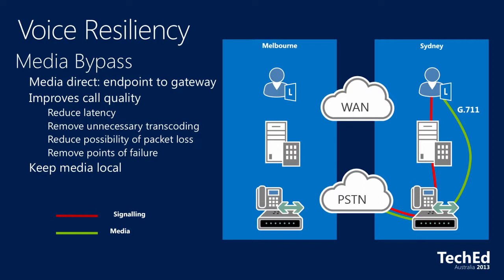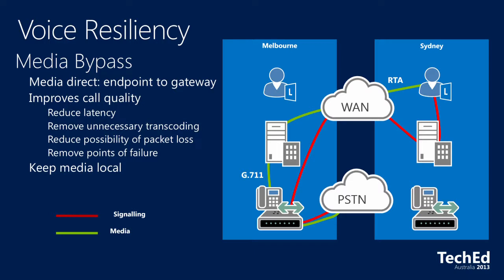Why is this important for voice resiliency? In the event that we have a server failure at that site, in this case Sydney, our signaling might change paths and go this way, but we're still able to send our media directly instead of hairpinning our media back down to this site, keeping that traffic off our WAN links.